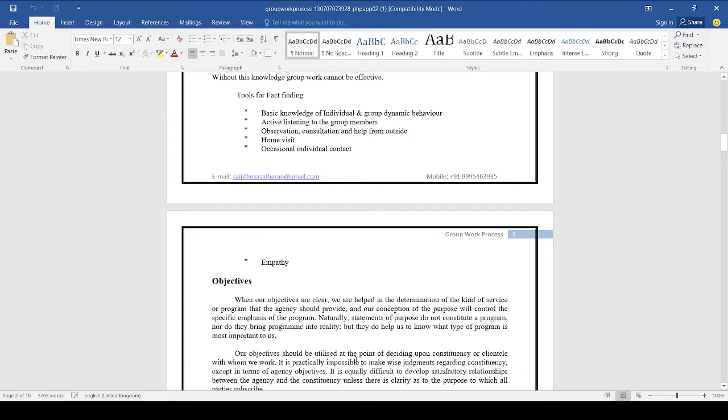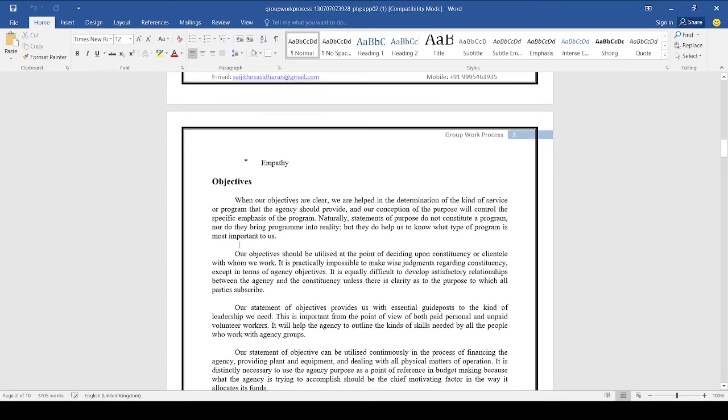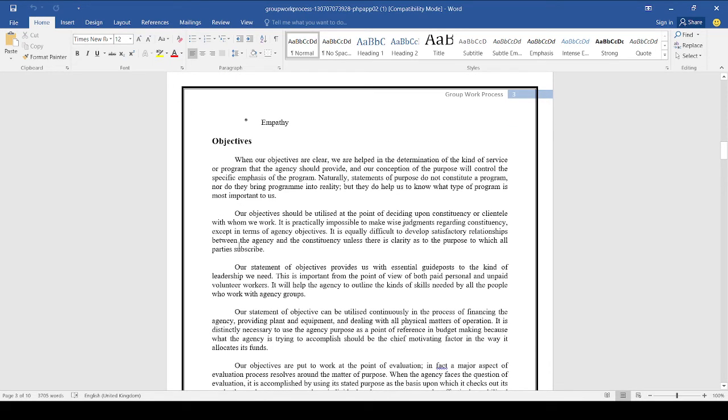So in the fact finding phase, the study phase, we should know about each individual and his characteristics, each individual's problems, needs, and environment. These are the things we should study. And in the third phase, objectives, our objectives should be very clear: what kind of service or what kind of problem the agency should provide for.